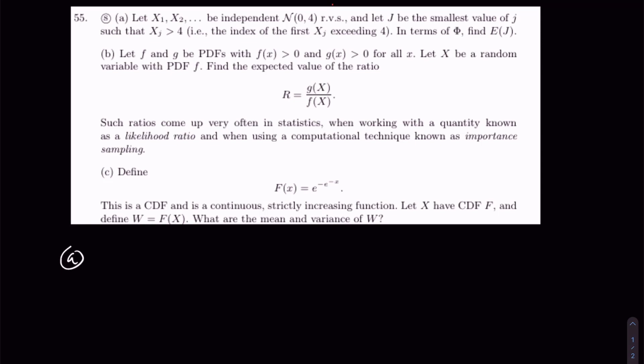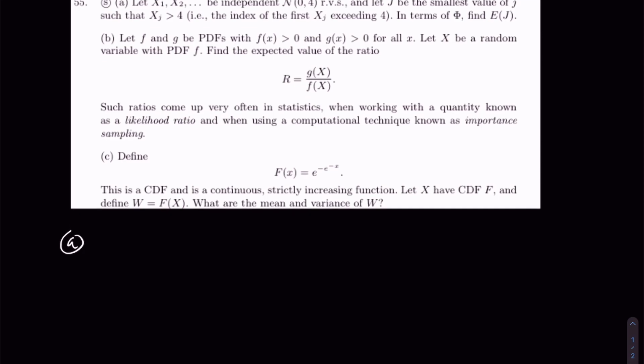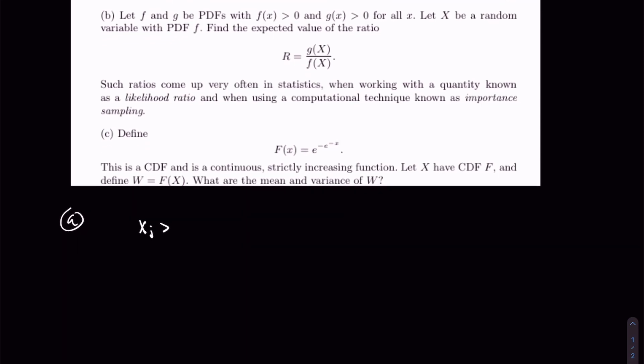So let us start by just writing down xj larger than 4 and figure out what it actually means in this context. Okay, so xj larger than 4, and j here means any x really in this order that we have up here. x1, x2, we have infinitely many x's.